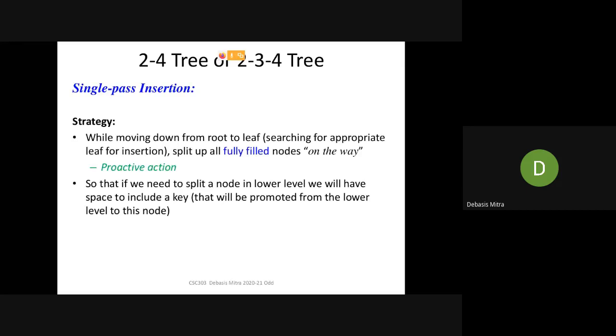But in case of single pass insertion, during the downward pass, proactively we keep the arrangement in such a way that no node in the path which I am following from root to leaf, while figuring out the appropriate leaf for insertion, is already having maximum capacity.